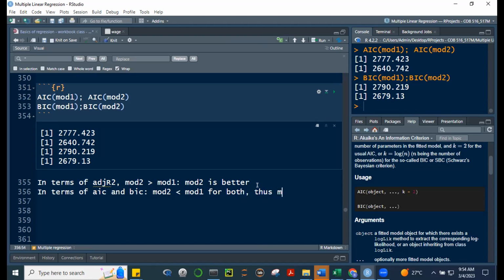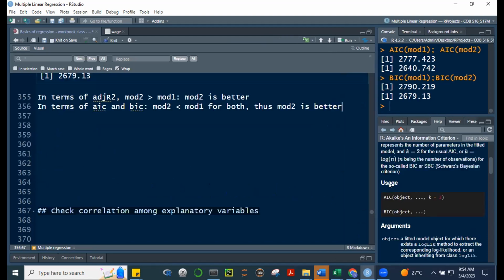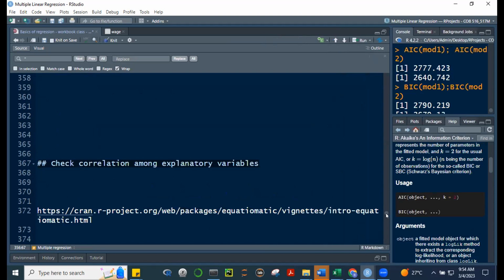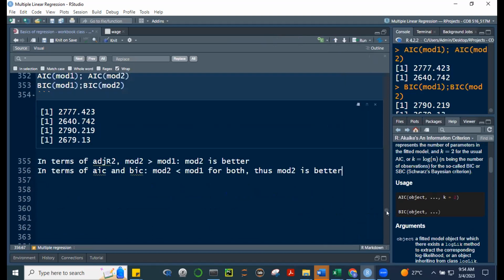Thus, model 2 is better. So that's our conclusion about which is the better model. However, we are just basing our conclusion on these metrics, which is acceptable. But is there a statistical test where we can really infer if model 1 is better than model 2? Yes, there is.